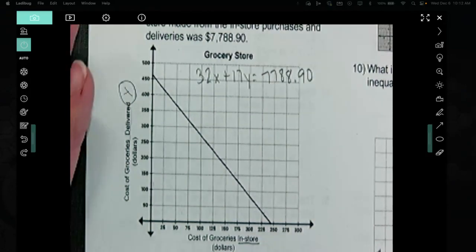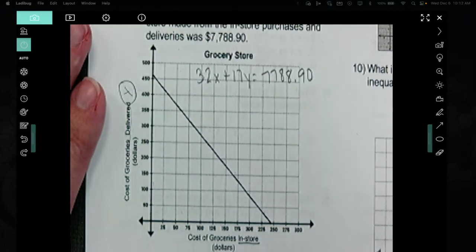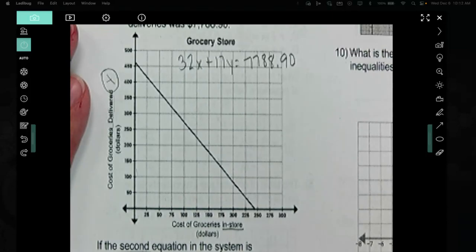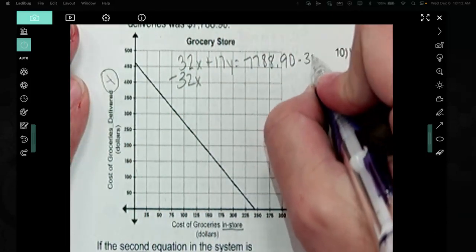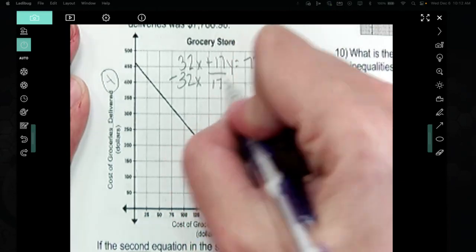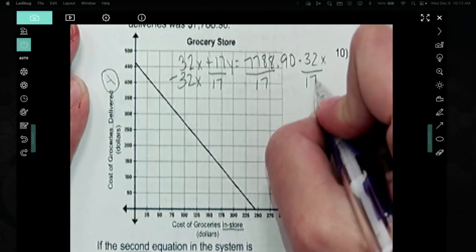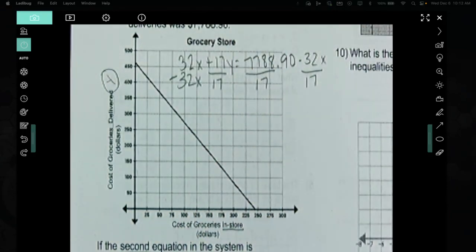So if you want to use Desmos, this is already in Y equals. You could change this equation to Y equals. And when you do that, you can put those fractions into Desmos just like you see them.